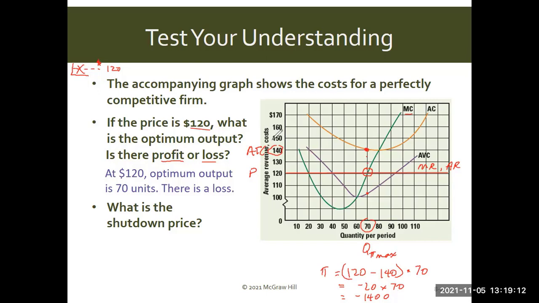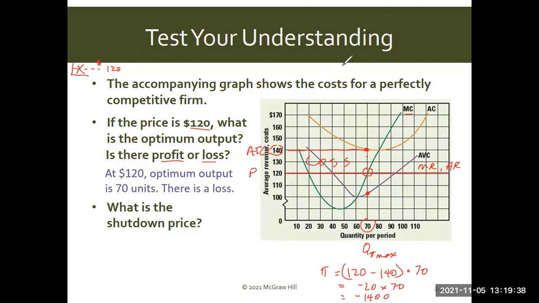And it would be this rectangle area in here. But keep in mind that because the price is greater than the average variable cost, price is up here, we choose to produce even though we're making a loss, because our losses are less than if we shut down and we'd have to lose all of our fixed costs because we'd still keep paying them.